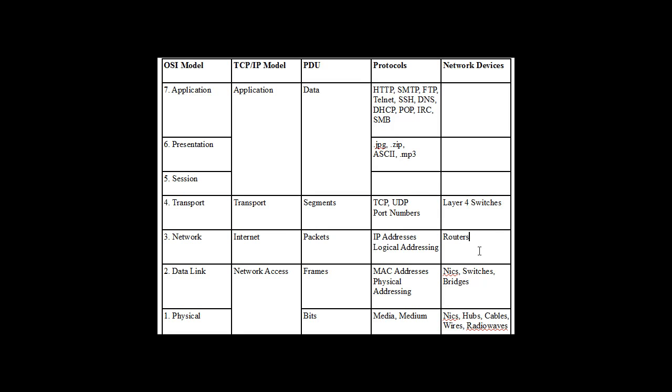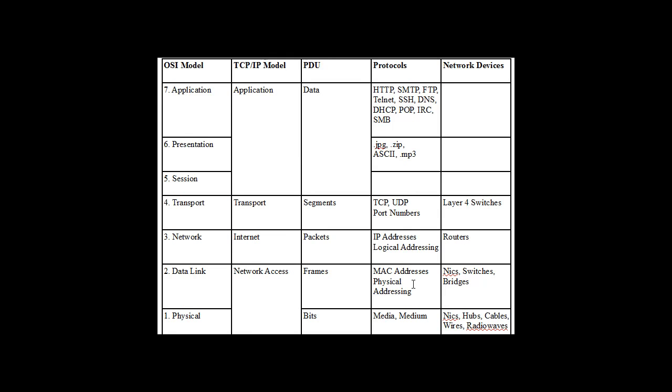So if you see the words path determination or best path on the test, another word for a path is a route. You can say I'm taking this route or I'm taking this path. If you're talking about routes, IP addresses, packets, you're talking about layer 3, the network layer, or in the TCP/IP model, the internet layer. Routers are only concerned with IP addresses. Routers do not concern themselves with MAC addresses.